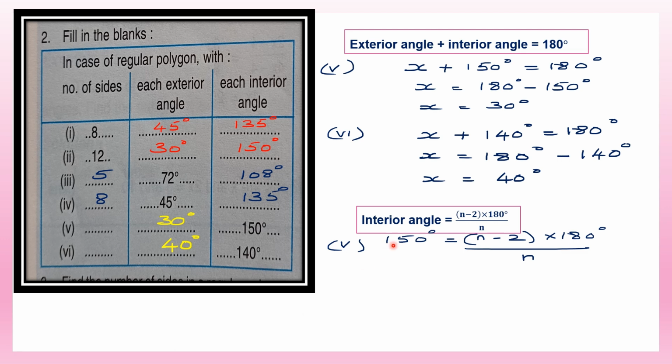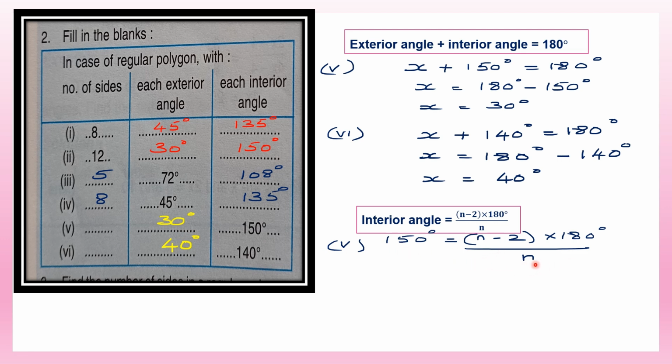So I can use this formula, interior angle is equal to (n minus 2) into 180 by n, or to make it easier I can use the formula for exterior angle also. Since we've already used that, I'm going to use this to help you understand that you can use this also, though this is a slightly indirect way to find it. If you use the exterior angle formula, you can find it easily, but let's learn to work this also.